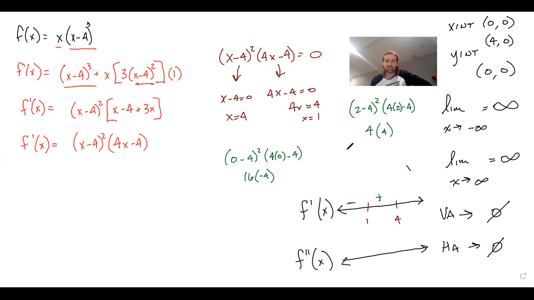Then pick a number bigger than 4. I'll pick 5. 5 minus 4 is 1, and 1 squared is 1, times 4 times 5, which is 20. 20 minus 4 is 16. That's a positive number. So like we said, the graph went down, it went up, and then it went up again. But we still have critical numbers at 1 and 4.